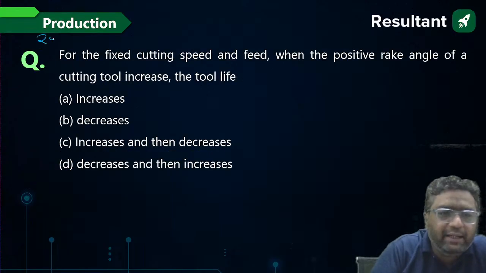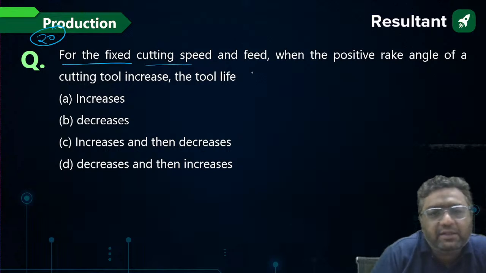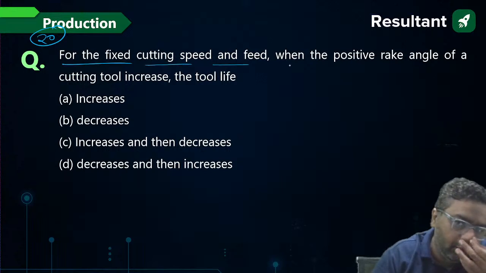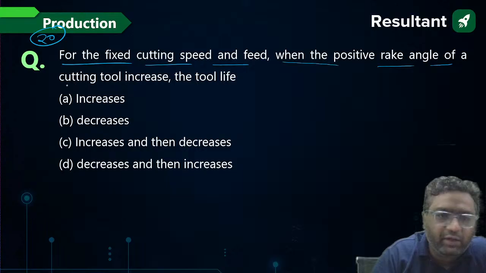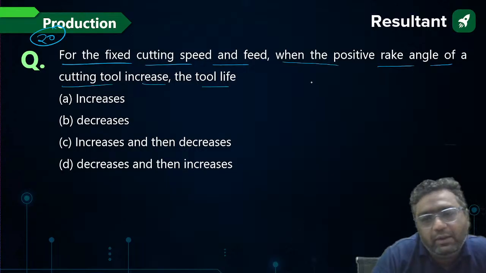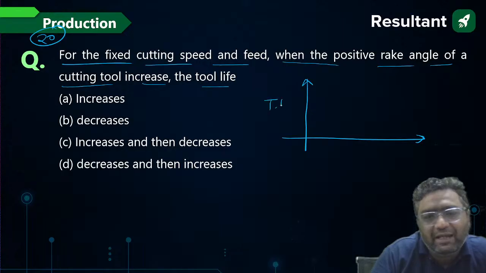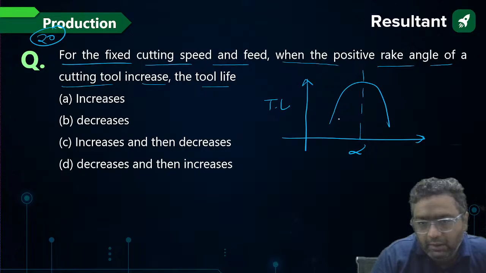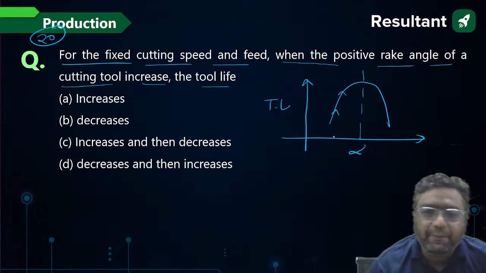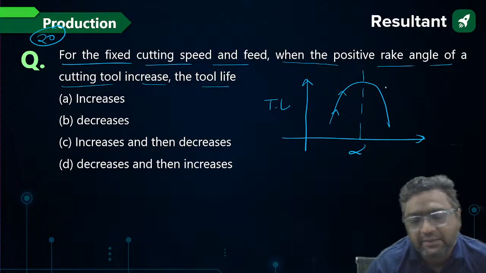Moving to question number 20. For the fixed cutting speed, when the positive rake angle of a cutting tool increases, the tool life. If you remember the graph for tool life and alpha comes like this. Initially when alpha increases, cutting tool is becoming sharp, because of which tool life increases.